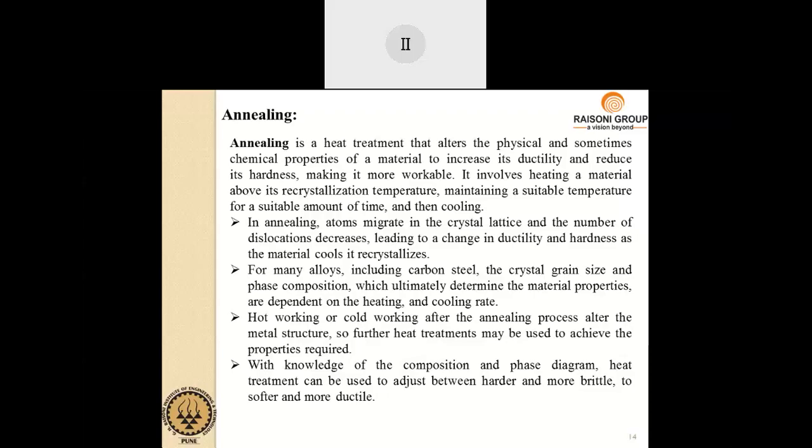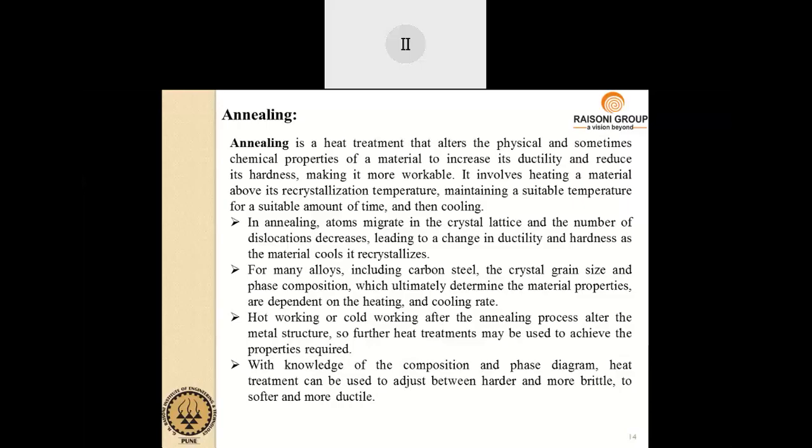Let's consider a 100 thick slab of metal that is rolled, let's say 20%, so the slab thickness gets reduced to 80. After that reduction, that metal gets hardened.